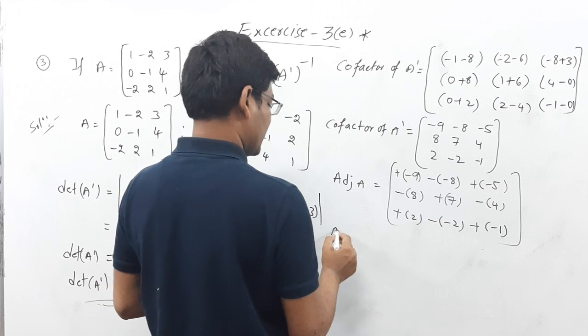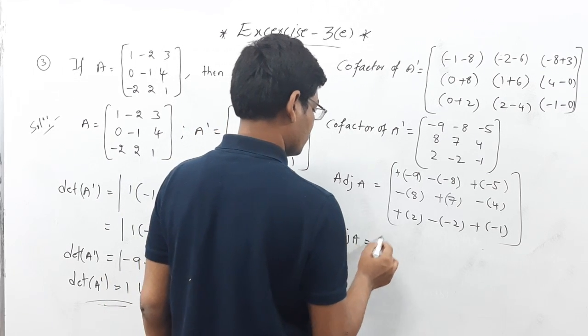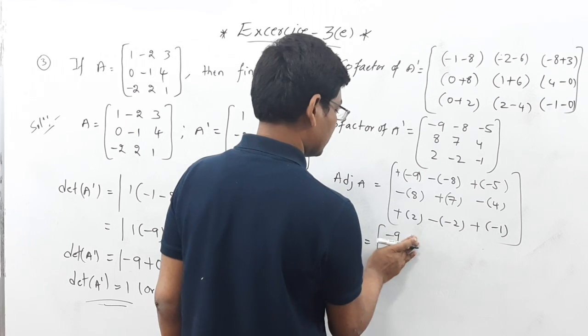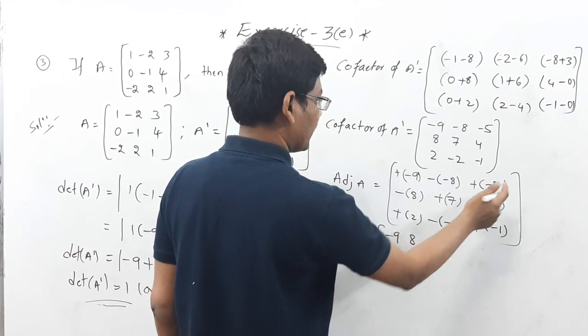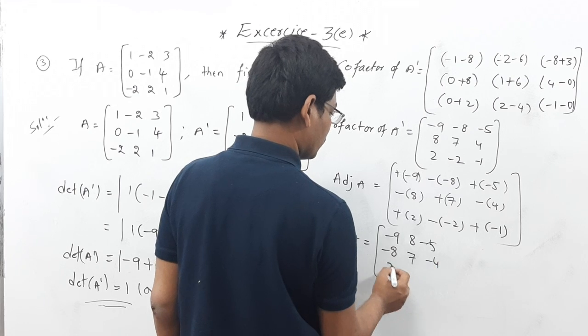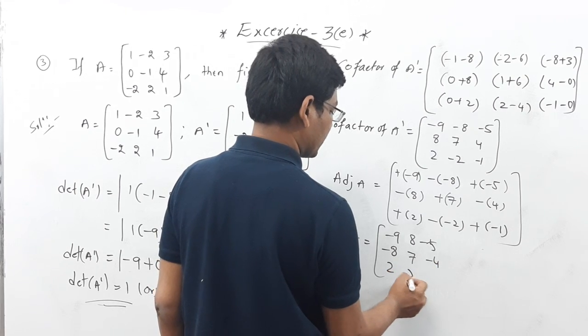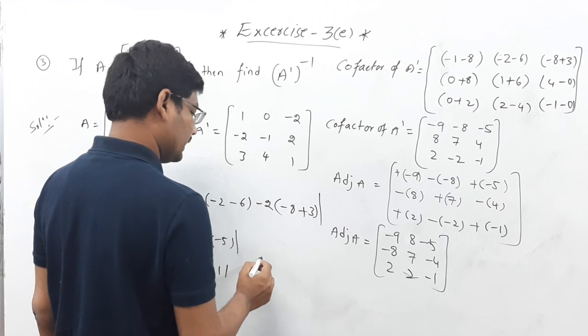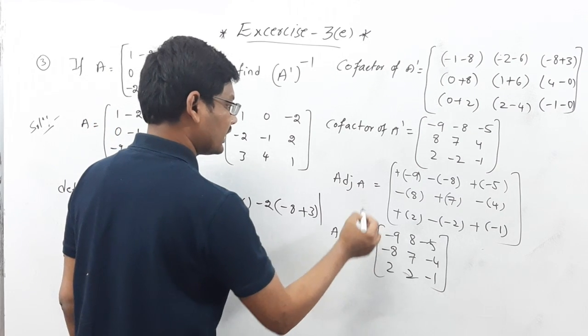And now adjoint A will become minus 9, minus into minus become plus 8, directly I am writing 8 here, and minus 5, minus 8, 7, minus 4, 2, minus into minus become plus 2 again, and minus 1. This is adjoint A, and we need A dash, adjoint of A dash it is.